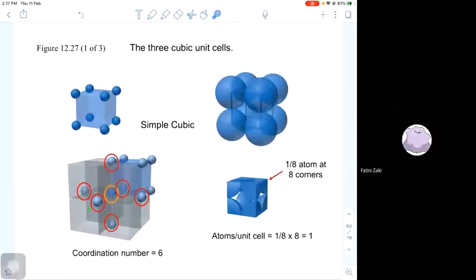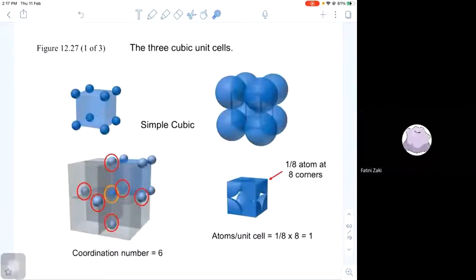At the edge of one unit cell, only 1/8 of the atom belongs to this specific unit cell.